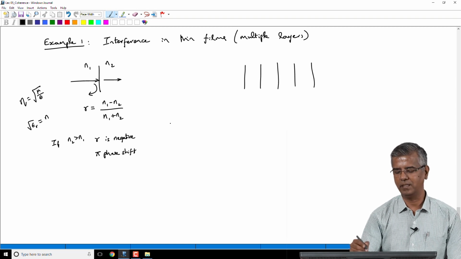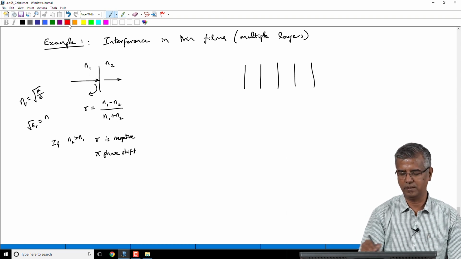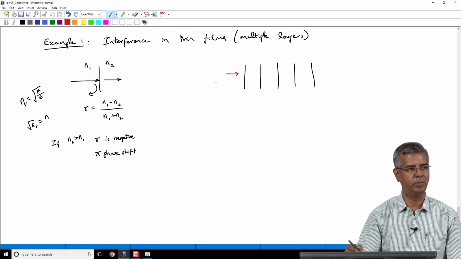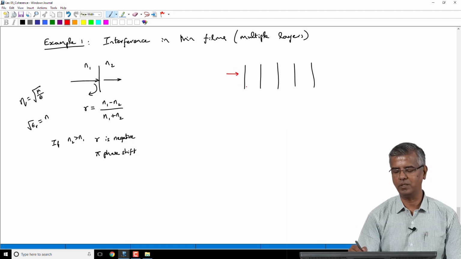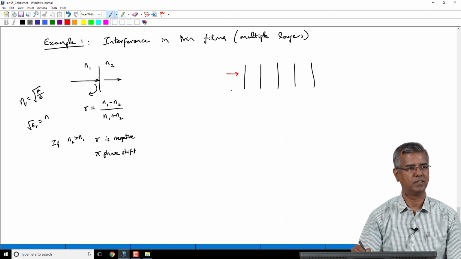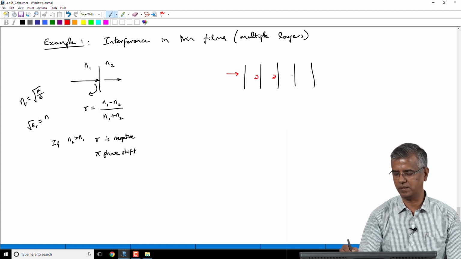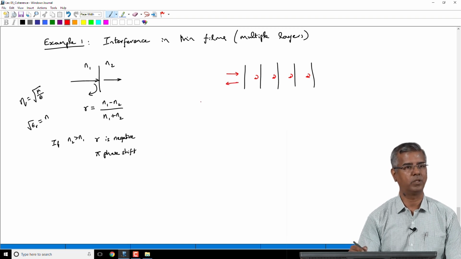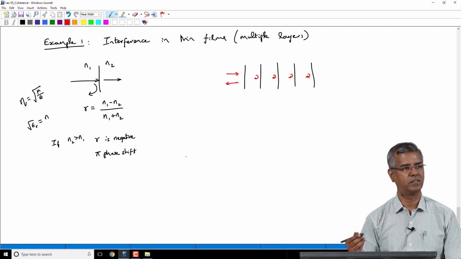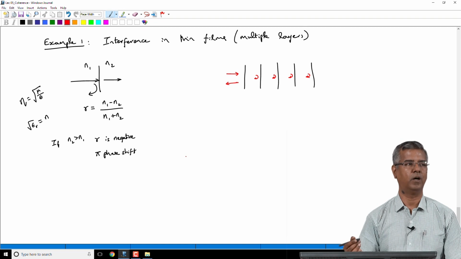We are going to track how that light wave is going to accumulate phase, and we are also going to track how the reflected components, when we look at reflection from multiple layers, are going to come in phase over here or out of phase over there, and so on. In certain examples, you need them to be out of phase.